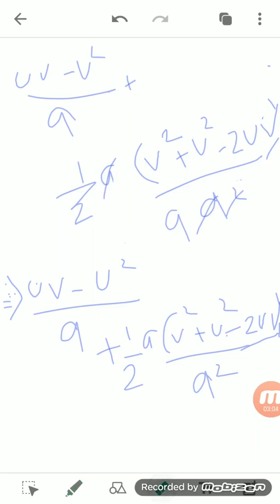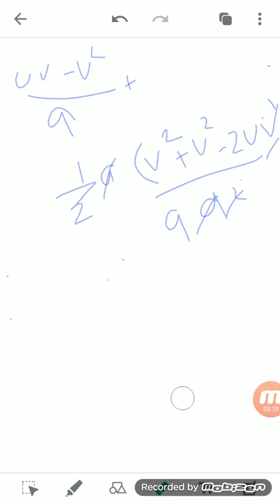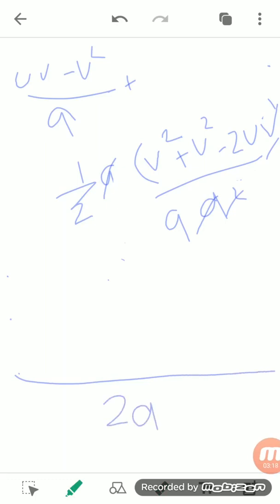Now what we will do, we will take the LCM of both the equations. Then what you will observe, it will be 2a, because a is there, here it is 2a, and when you take the LCM, this 2 will multiply with both of the things.